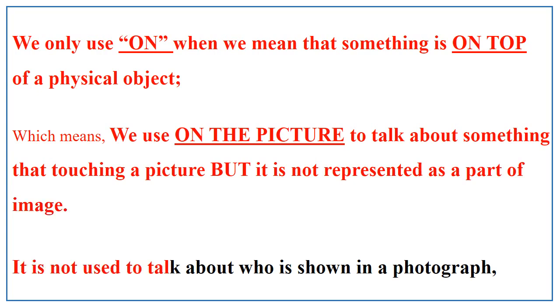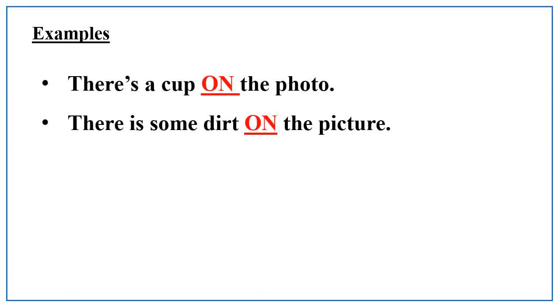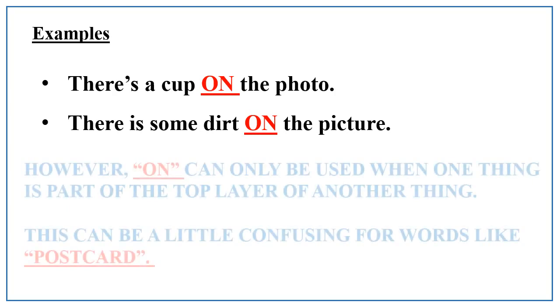It is not used to talk about who is shown in a photograph. For example, you would say there's a cup on the photo, which means the cup lies on the photo. Again, there is some dirt on the picture, which means the picture has dirt on its surface.